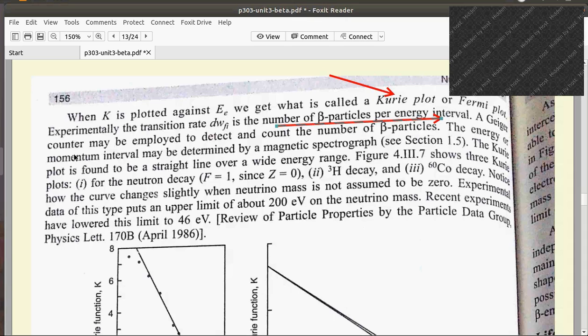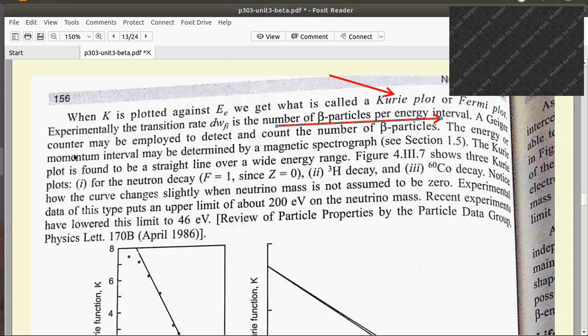Based on that we determine their energy and momentum. So when beta decay is taking place, a magnetic spectrograph gives their energy and momentum, and the Geiger counter gives the number of particles. Using these two pieces of information, you can find the number of beta particles per energy interval.